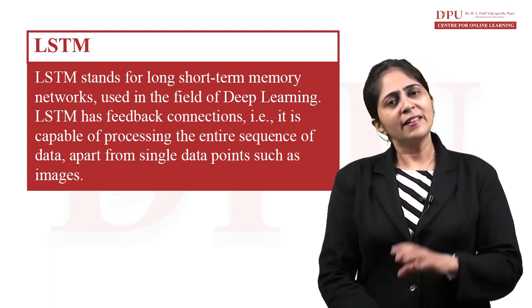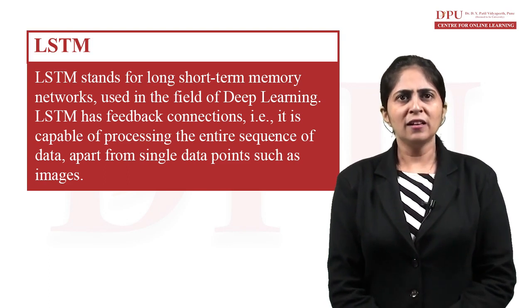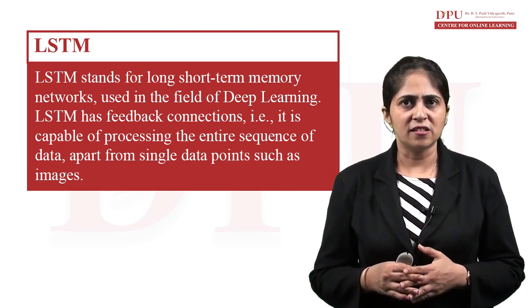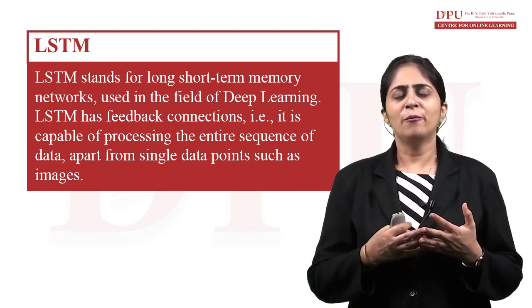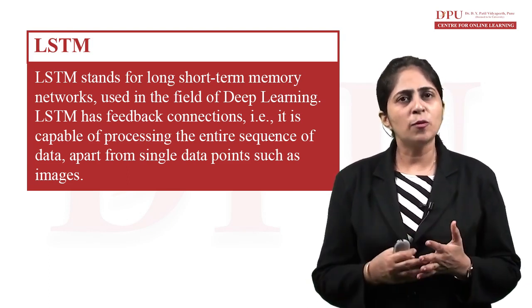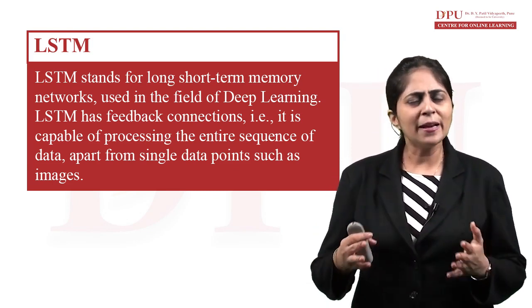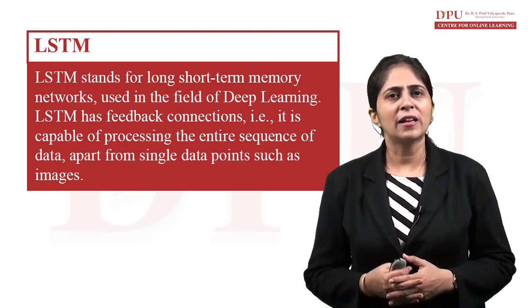It is a type of recurrent neural network that is capable of learning long-term dependencies, especially when we are tackling sequence prediction problems. LSTM has feedback connections, as we have in RNN.